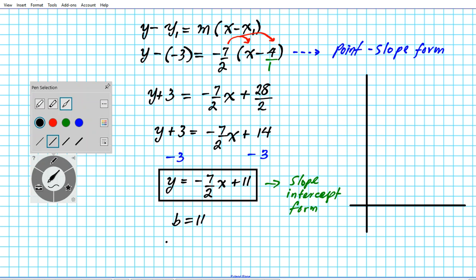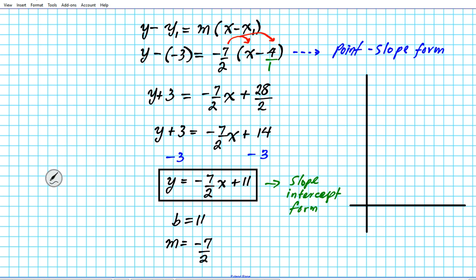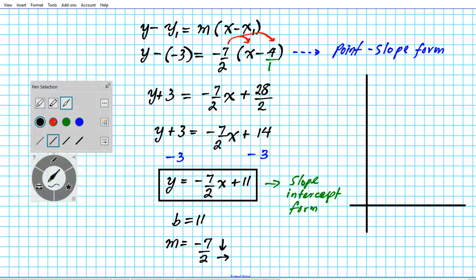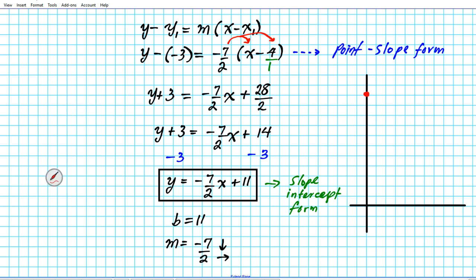To find the second point, we're going to use our slope, negative 7 over 2, which means we will drop negative 7 units from 11 and run 2 units. Okay, now let's graph our points. We have 11: 1, 2, 3, 4, 5, 6, 7, 8, 9, 10, 11. That's our y-intercept. That's the first point on the line.